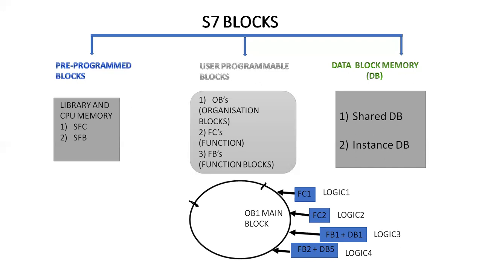This is how we can skip any logic also. It will not scan the unwanted logics. So your CPU will have less load, the execution will be faster, and the response of the CPU will be faster. That's another advantage of subroutine blocks.